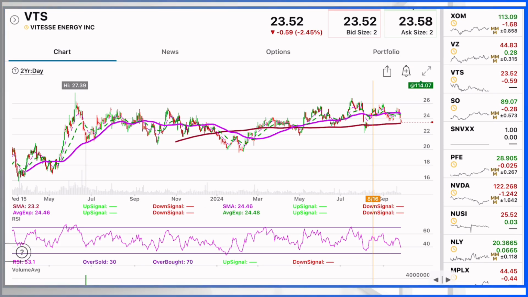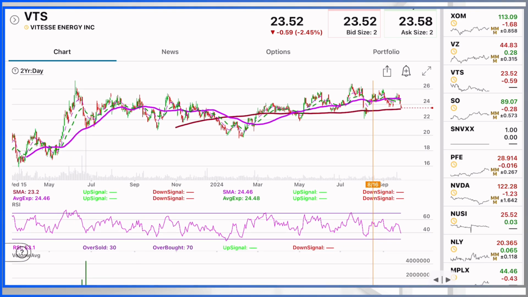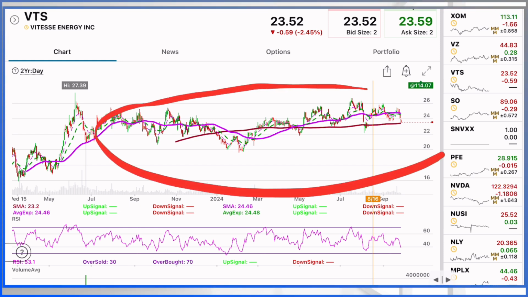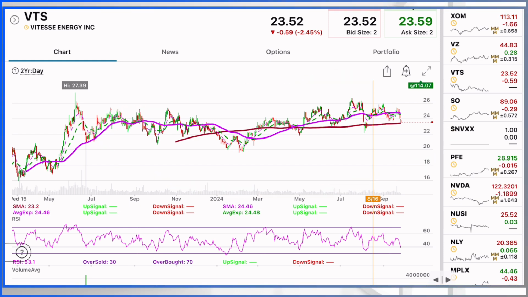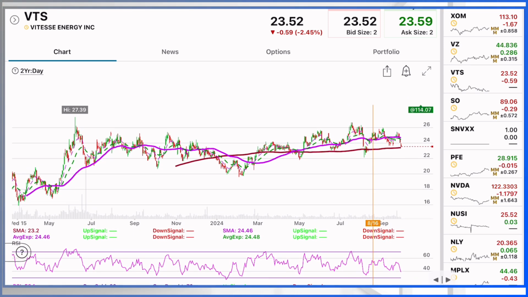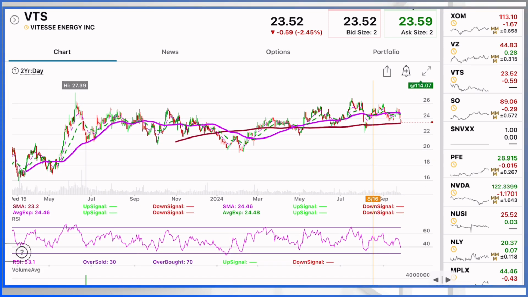VTS, that's Vitesse Energy. Let's take a look at that stock. It's in a pretty interesting pattern. I mean, the pattern is not bad. What about volume? Okay, so this one, I would say let's not even bother, because remember, we want a very thin spread, and this one has an 8-cent spread.